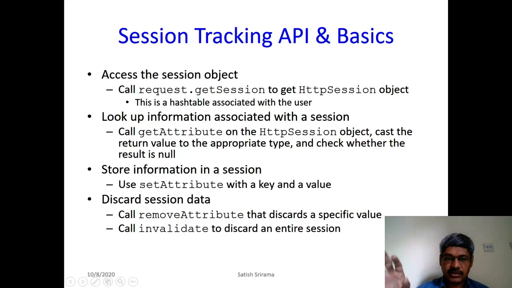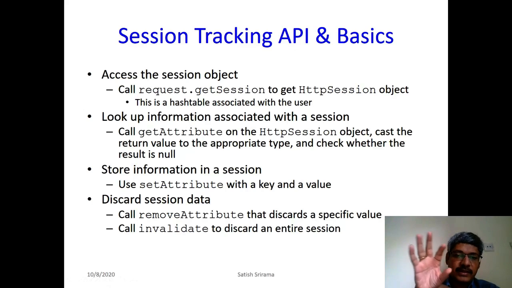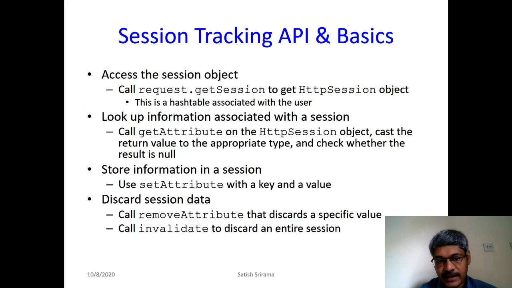Once you have the session object accessed from the request on the server side, you can look for the information associated with the session. For example, you can call getAttribute on the HttpSession object, cast the return value to the appropriate type, and check whether the result is null or not.